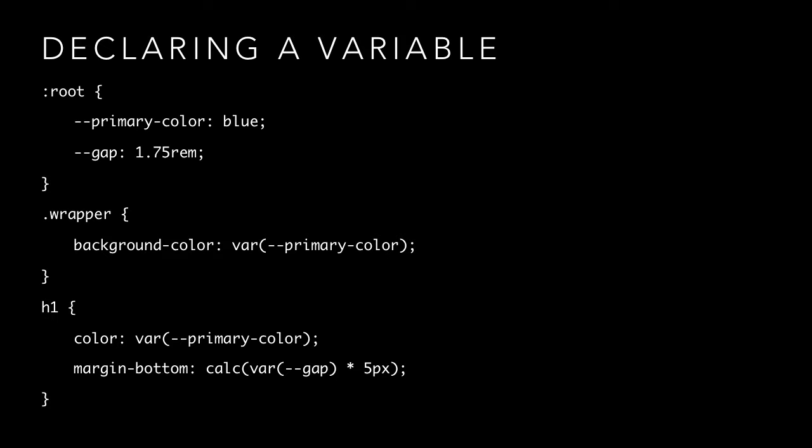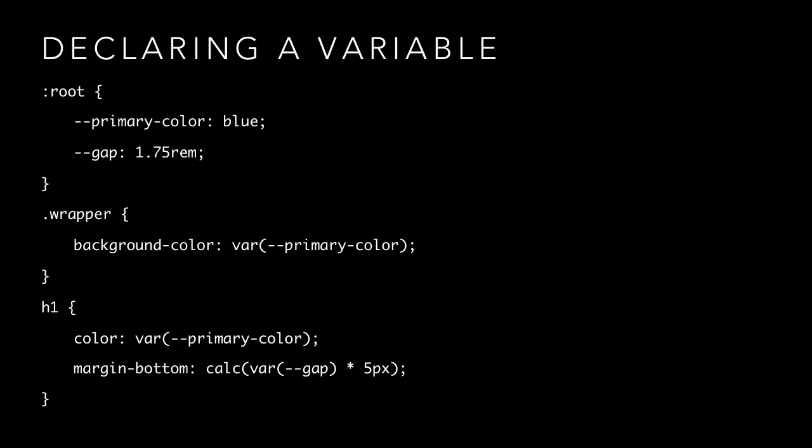And then down here at the bottom in the H1, I showed you an example of combining calc with CSS variables. Here we have our value for gap, and we're multiplying it by 5 pixels. I don't know why, we just are. Everybody good on that? Yes? Does the calculation require a unit? Can I just multiply by 5 in that case?